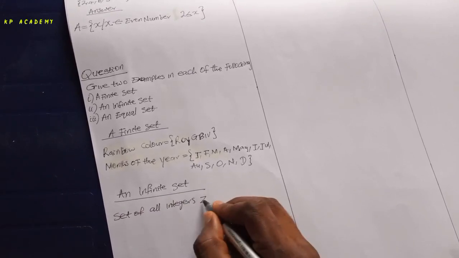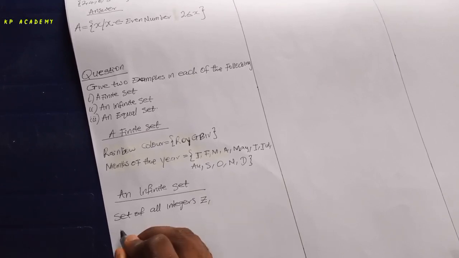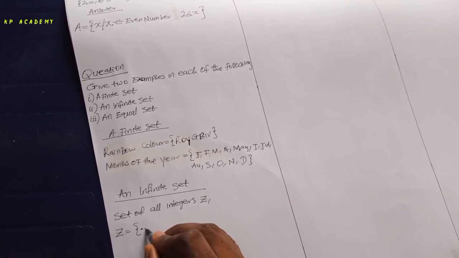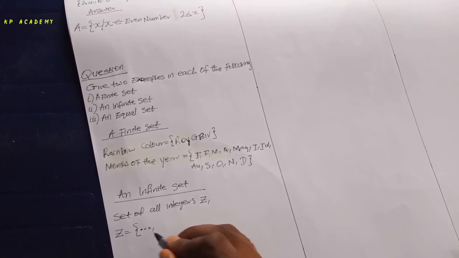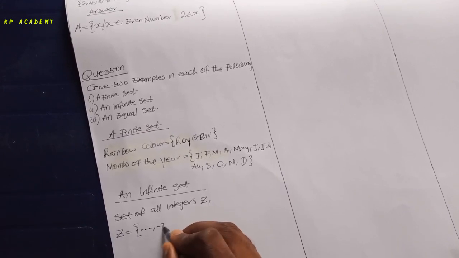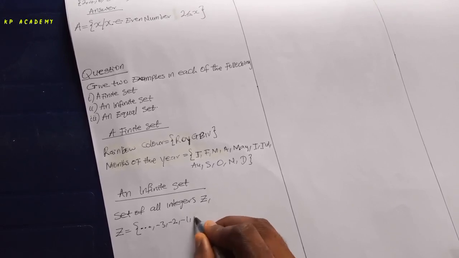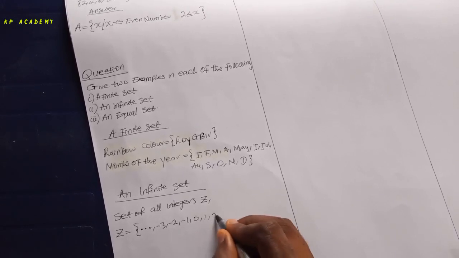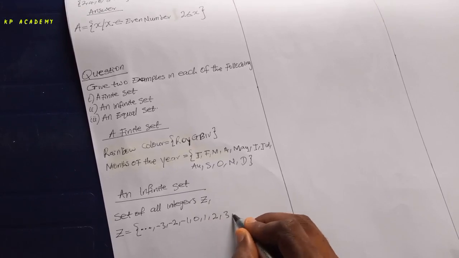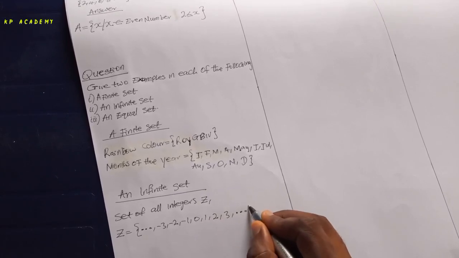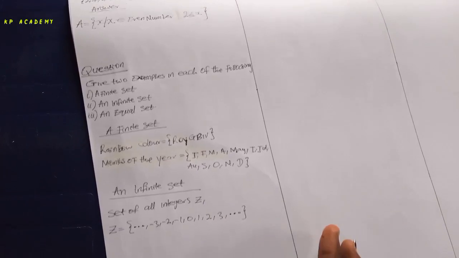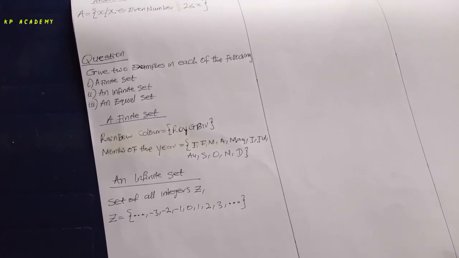So set of all integers, Z. We can say that Z is equal to the set of dot dot dot, comma, -3, -2, -1, 0, 1, 2, 3, comma, dot dot dot, and close. Now, of course, this is an infinite set. It does not end. It starts from negative infinity.